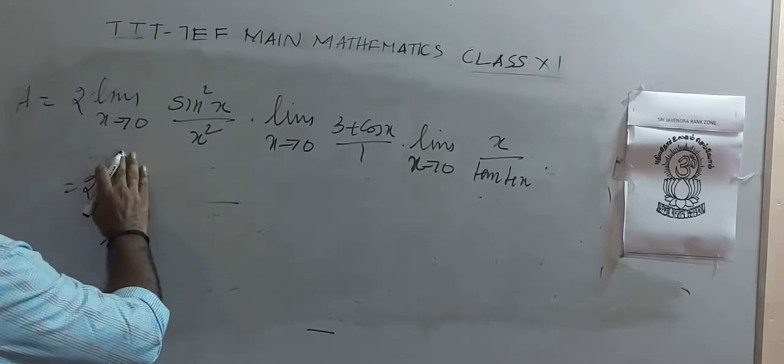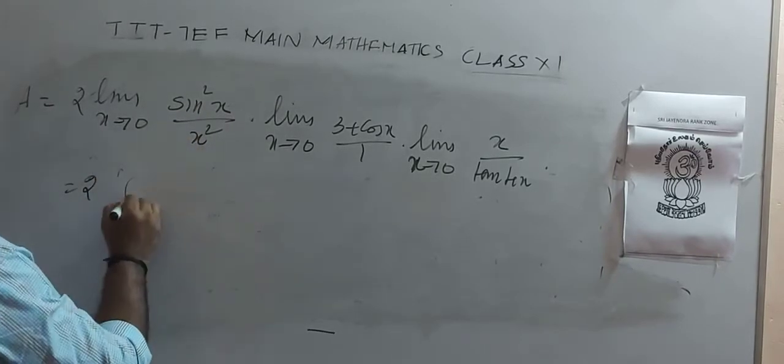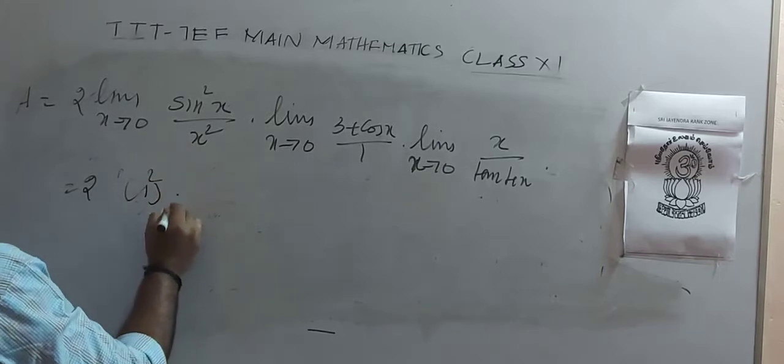So if you apply the limit sin x by x equal to 1, therefore this takes the value 1 squared.